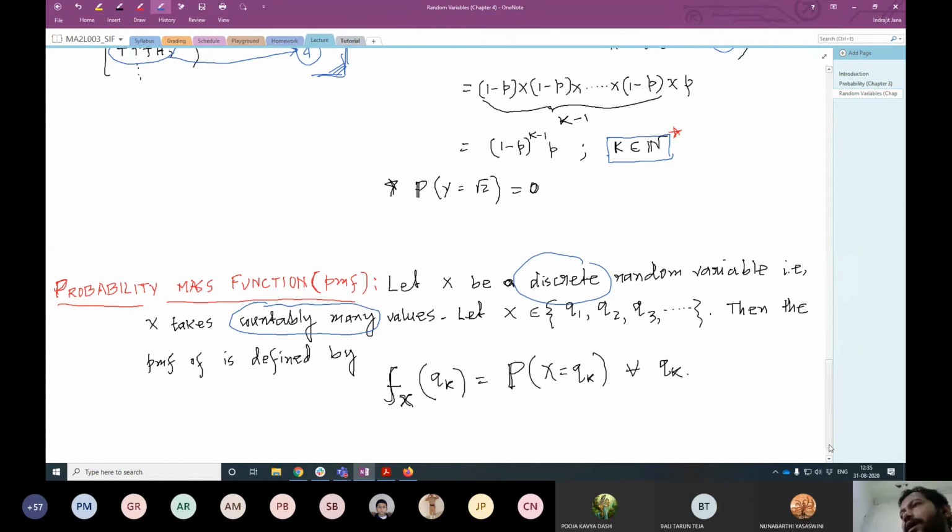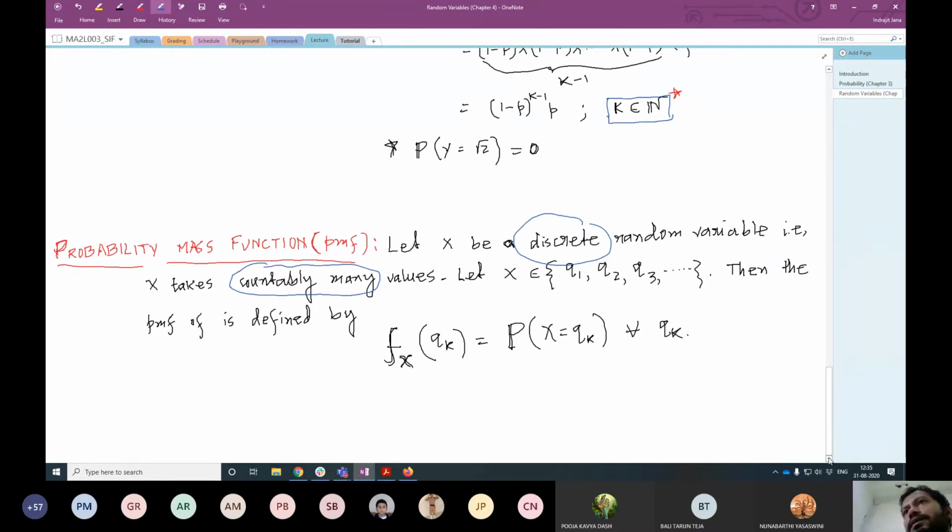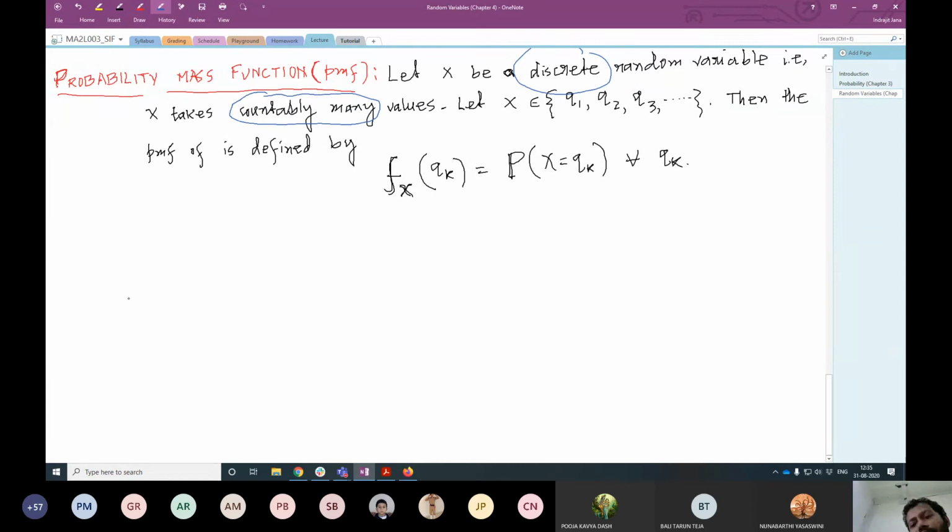This will be clear if I give you a counterexample which is not countably many. So what is a non-countable example?